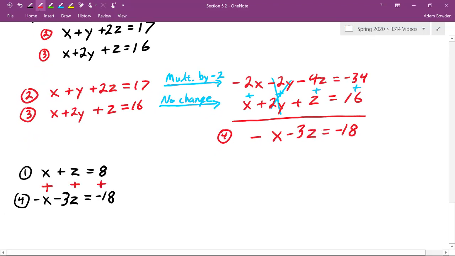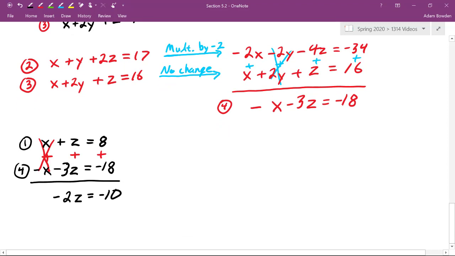So we can just go ahead and add them together. The x will cancel. We'll be left with -2z is equal to -10. And so from here it's just one step away to solve for z. Divide out the -2. z is equal to 5.